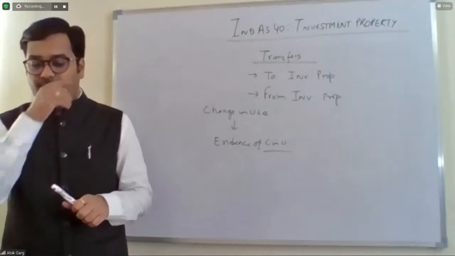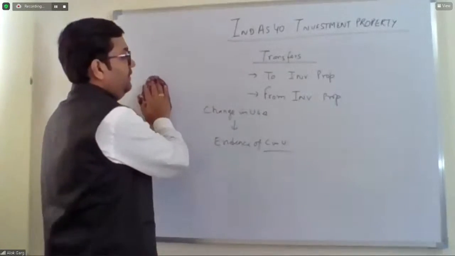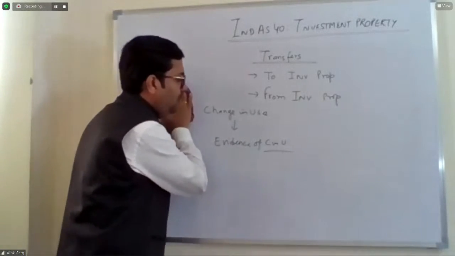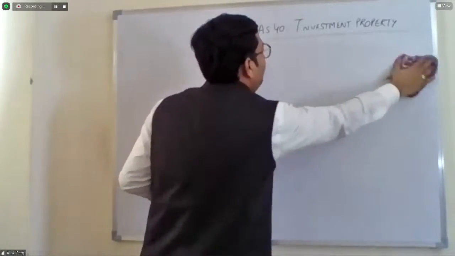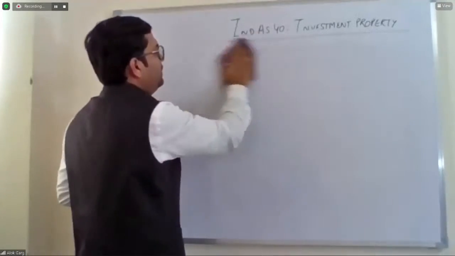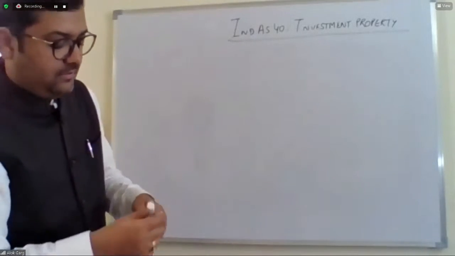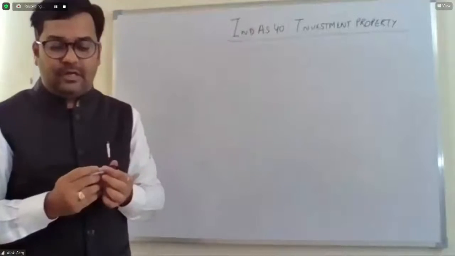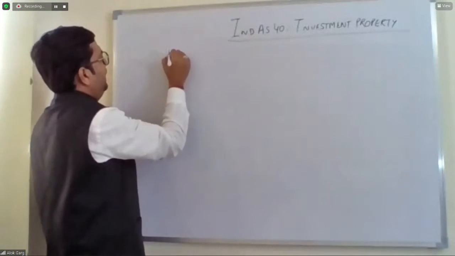Okay. So now we'll discuss one by one how this accounting treatment will flow. Don't worry, if you have any doubt in this regard, after this flow chart all the doubts will be cleared. So first of all, change in use, evidence of change in use.